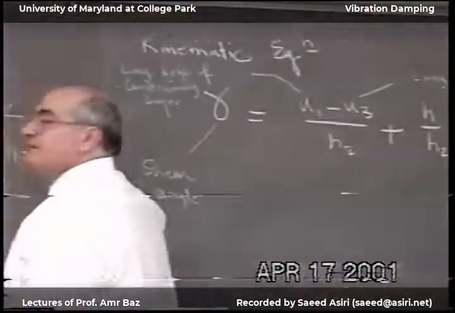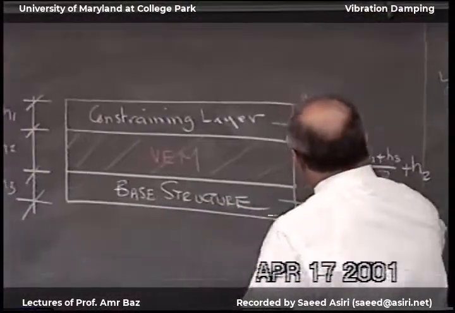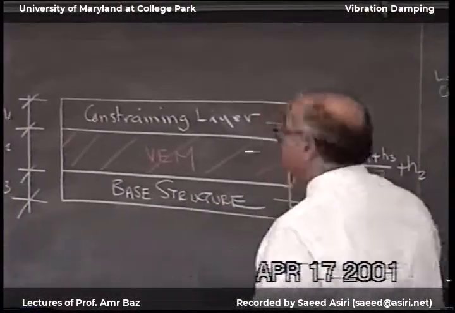Now, for this case, if this moves U1, and this doesn't move, then I have something like this.